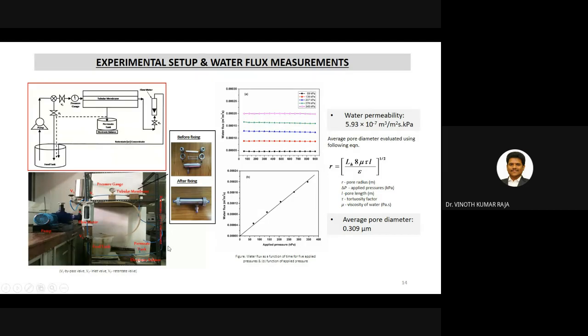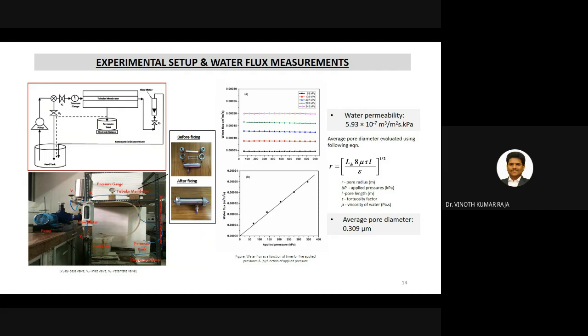This system was formulated with a feed tank, a metering pump for circulation of the feed solution, and the membrane module with tubular configuration, along with pressure indicators and flow meters to measure the cross flow rate. Control valves are also available in the fabricated system.